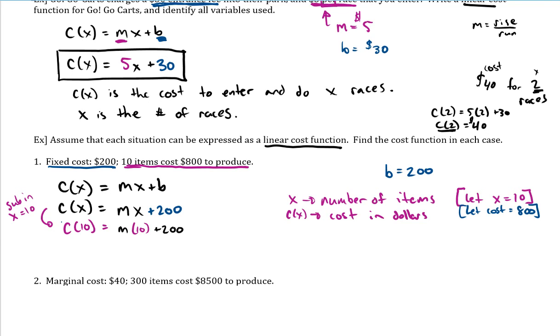They're saying the cost of 10, so this part right here, just change it into 800. And then from there, we still have m times 10 plus 200. Looking at this equation, we have all numbers involved except for one letter. That means it looks like we can solve for this m.